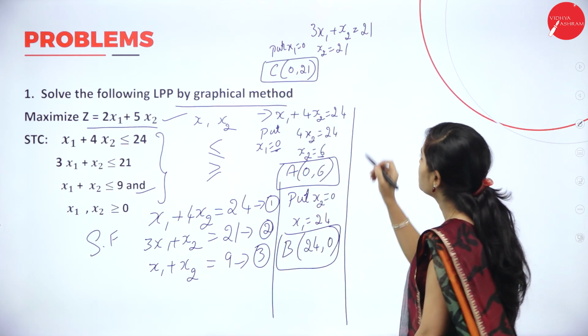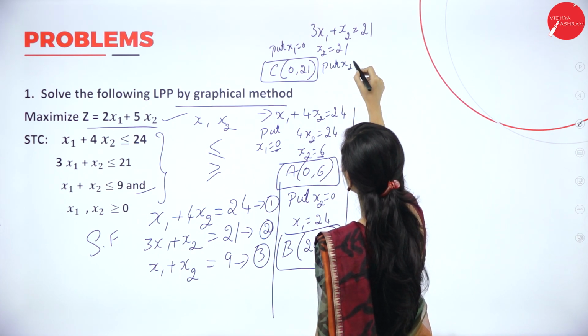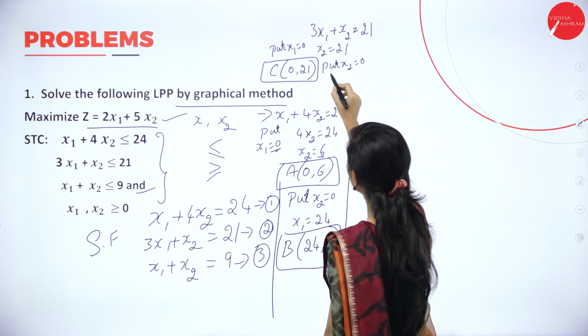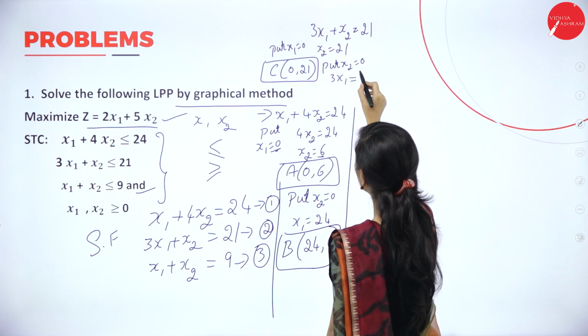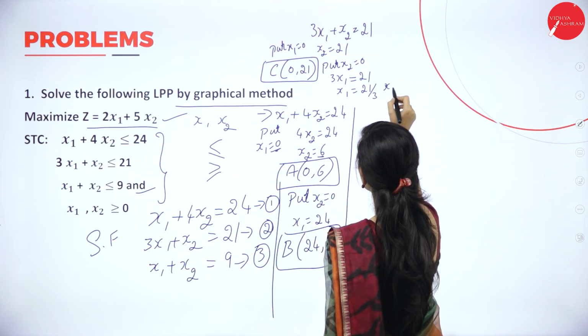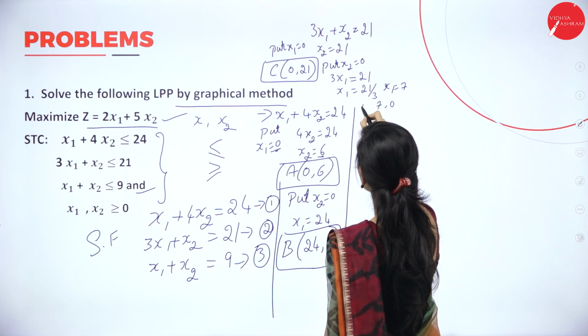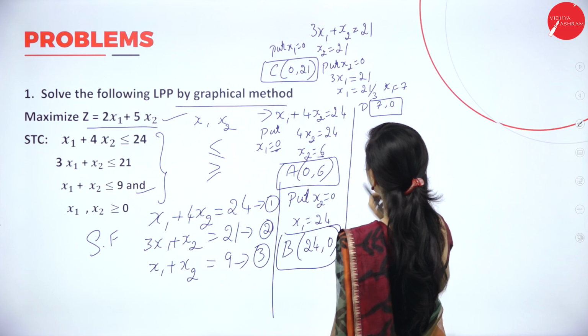Now put x2 is equal to 0. If x2 is equal to 0, 3x1 is equal to 21, x1 is equal to 21 by 3, so x1 is equal to 7. The point is 7, 0. This is point D.